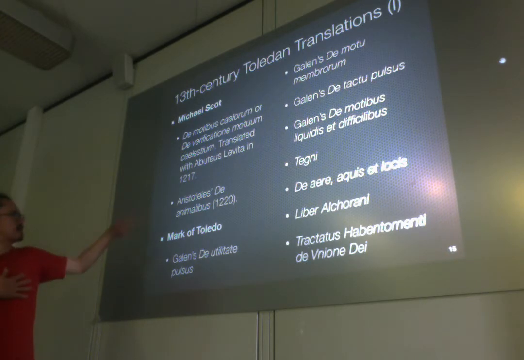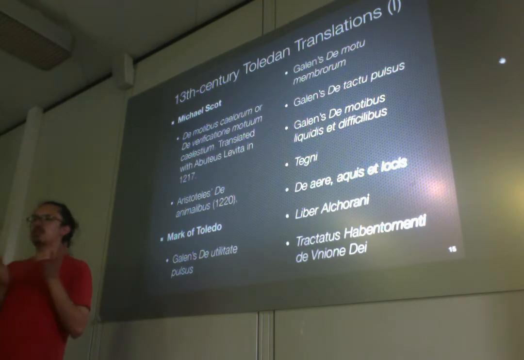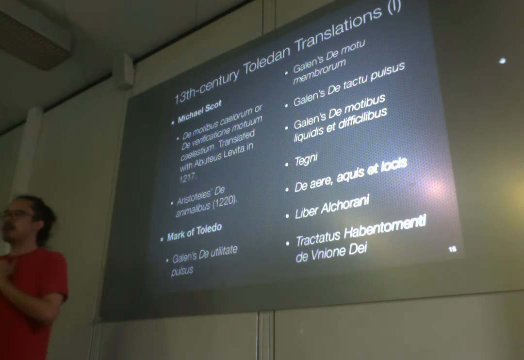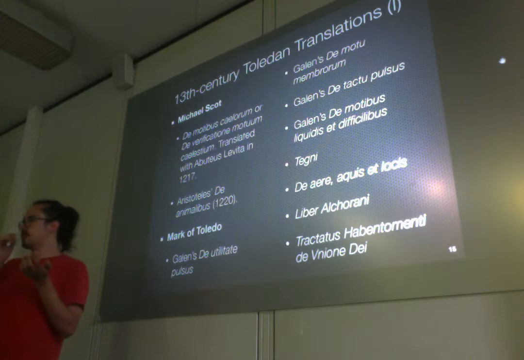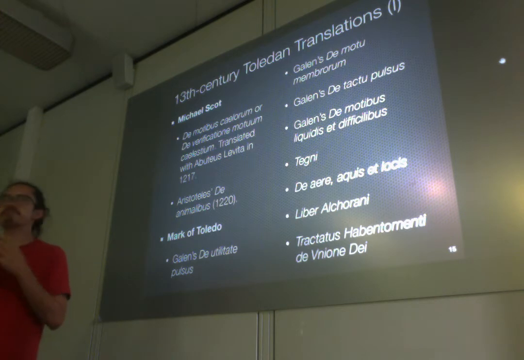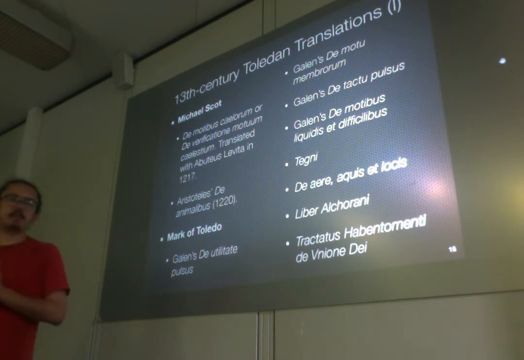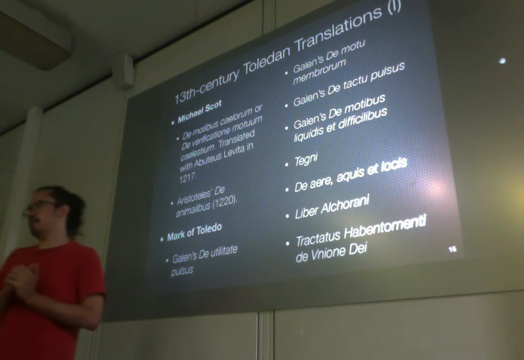I wanted to point out that we have some translators, for example, Hugo of Santalla. He made a good deal of translations, but they are small translations, and they are translations of texts that don't seem that appealing, that probably didn't have the same impact.